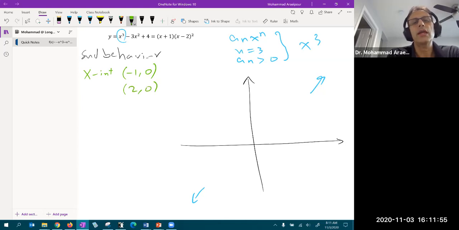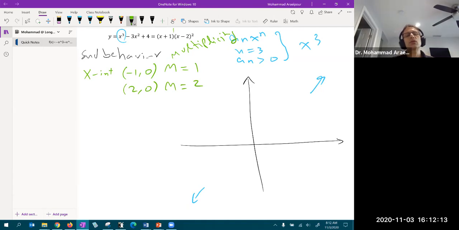Now, if you look at x plus 1, I hope you see the exponent is 1. We call this multiplicity 1. I hope everybody is remembering this. Multiplicity 1, whereas x minus 2 has multiplicity 2. And by the way, let's locate those.